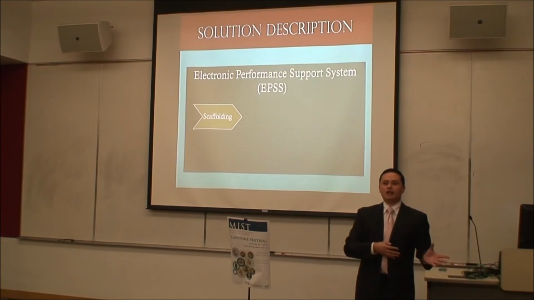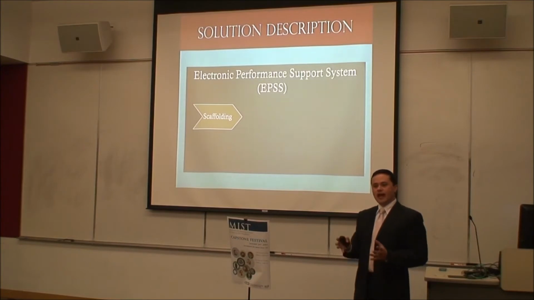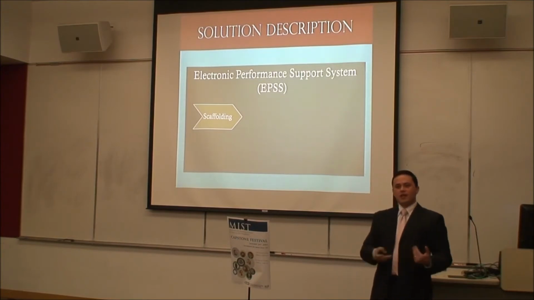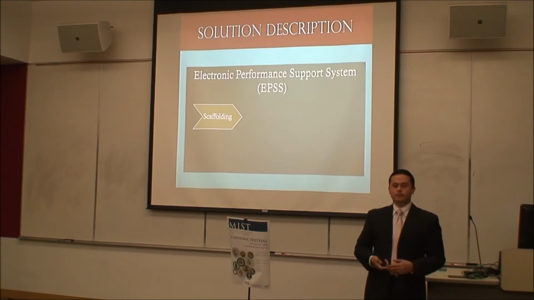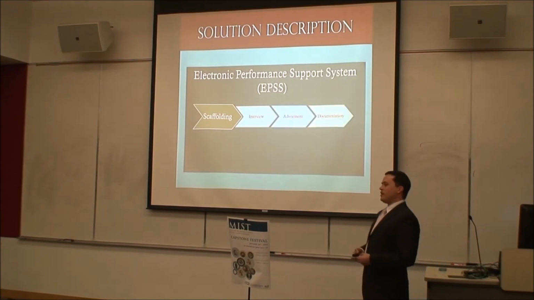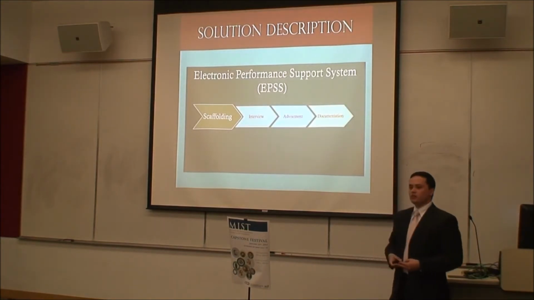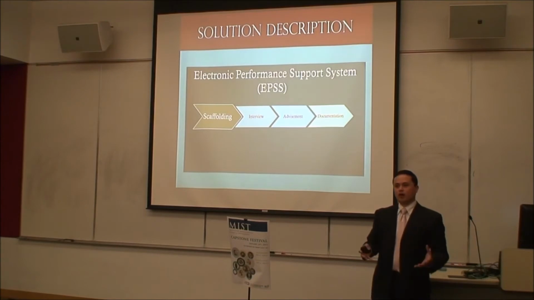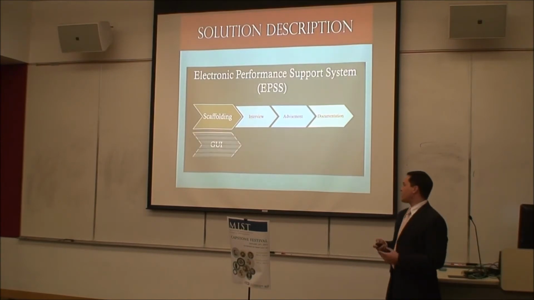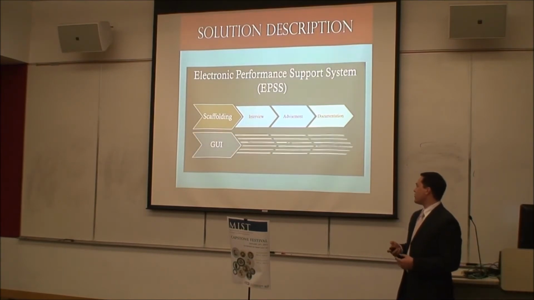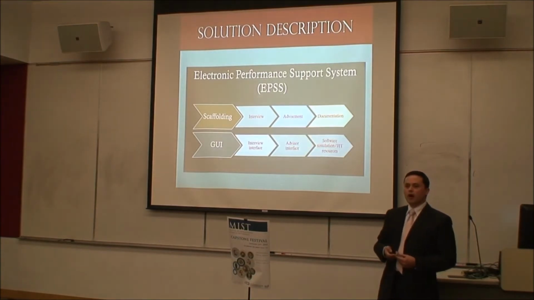If you take the scaffolding out, you just have an information system. So the idea is that you are scaffolding or supporting the process as needed, and that you can take that away when you don't need it anymore. So I had 3 phases: interview, advisement, and documentation. This was kind of like a 3-step process. And the product that I developed, or the graphical user interface, kind of followed that model.